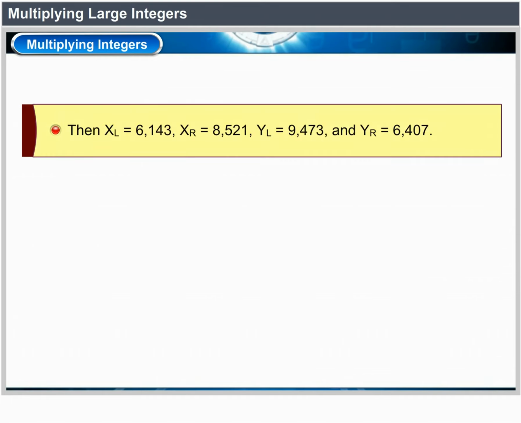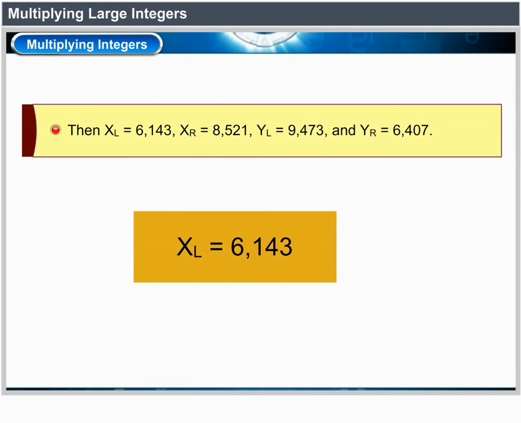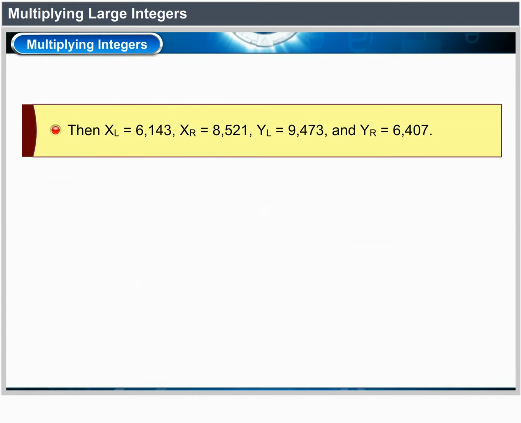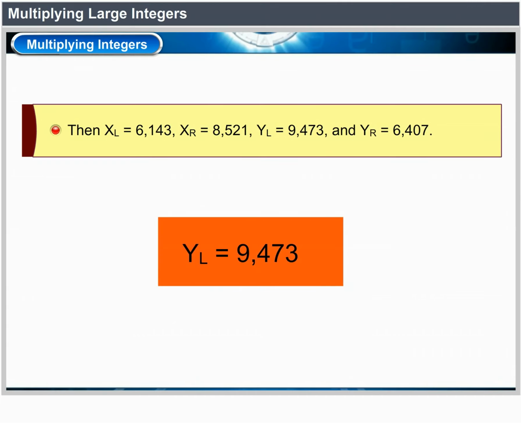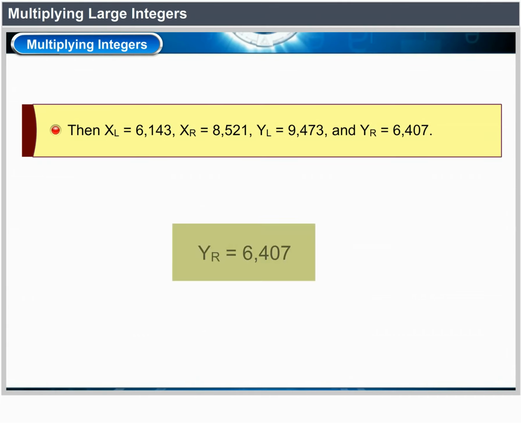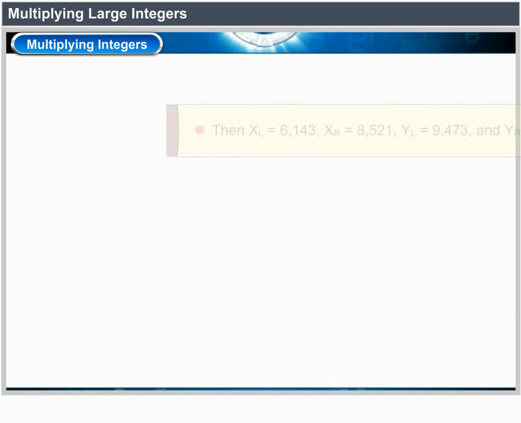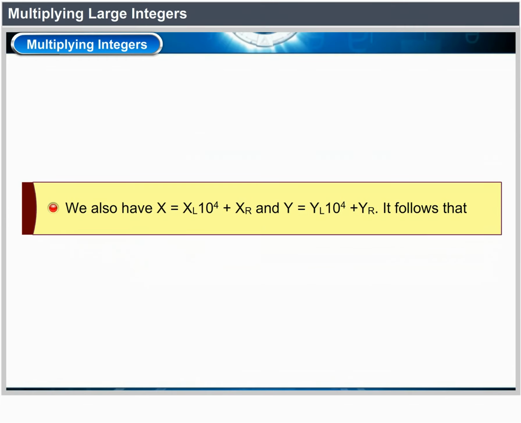Then xl equals 6,143, xr equals 8,521, yl equals 9,473 and yr equals 6,407. We also have x equals xl times 10^4 plus xr and y equals yl times 10^4 plus yr.